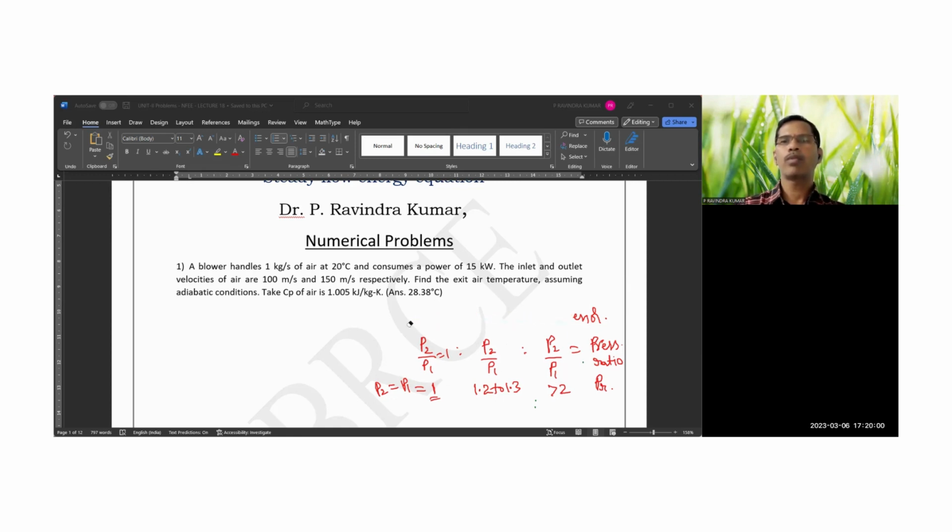So here the blower problem is given. The pressure ratio is around 1.2 to 1.3. First thing is drawing the blower.